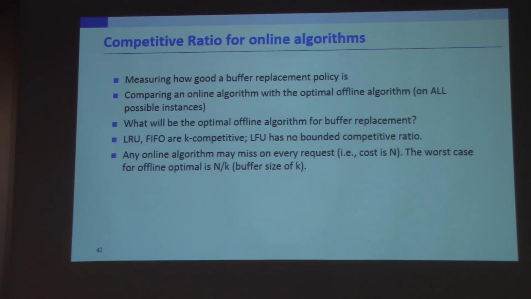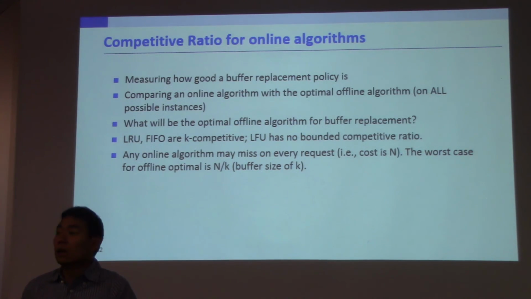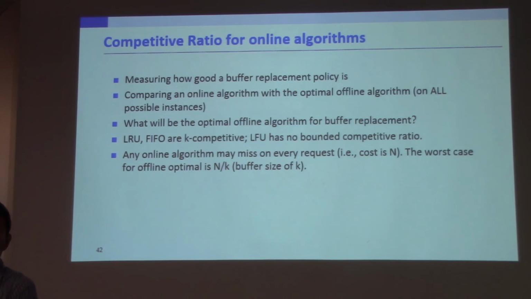So there's no such notion of optimal, quote-unquote, online algorithms. However, you can quantify the behavior of your algorithm by comparing the cost of your online algorithm versus the offline optimal.